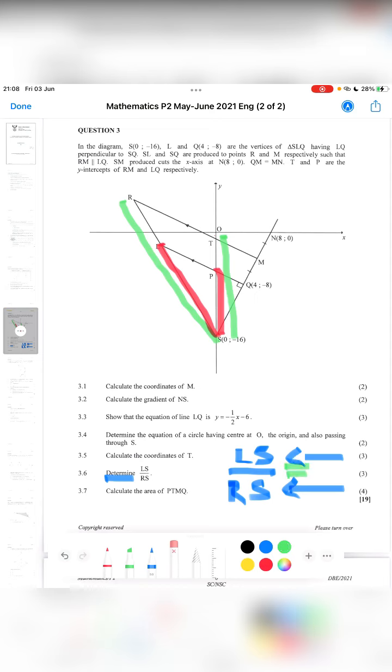I'm just suspecting someone is getting an idea of what I'm talking about. So that means LS over RS is equal to PS over TS. I'm going to explain it again, but before I do, is there someone who's got an idea of where I'm going with this proportion theorem? Is there someone who has an idea with what I've just said? Yes, sir.